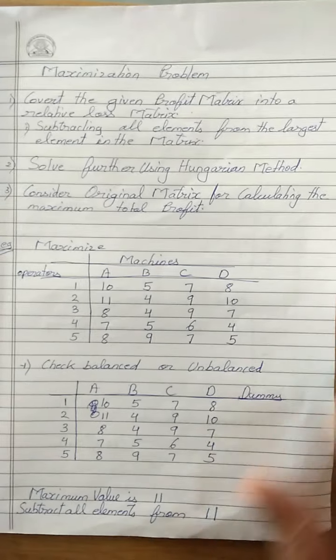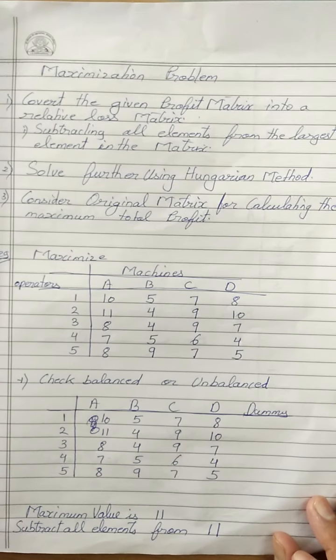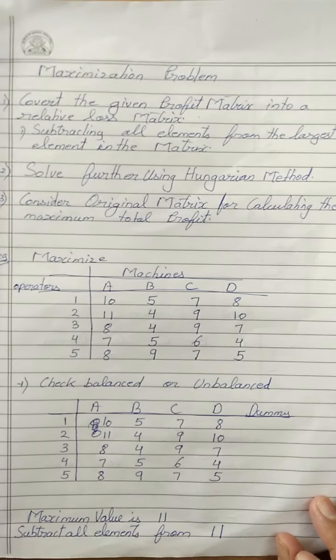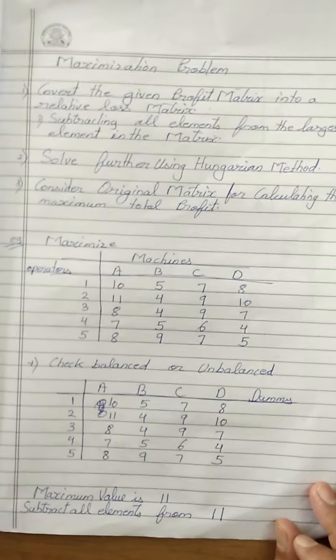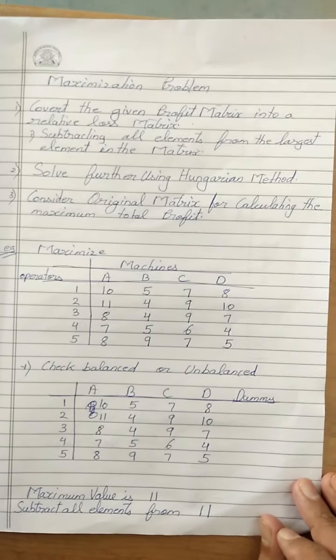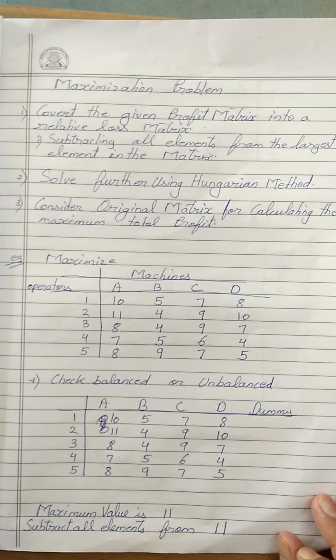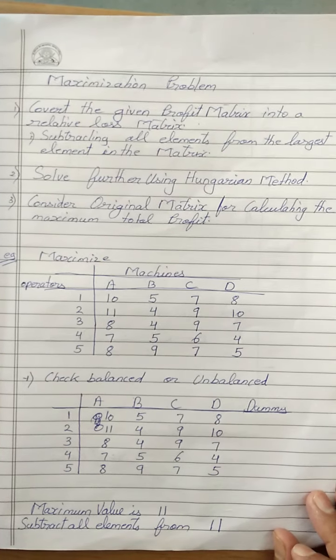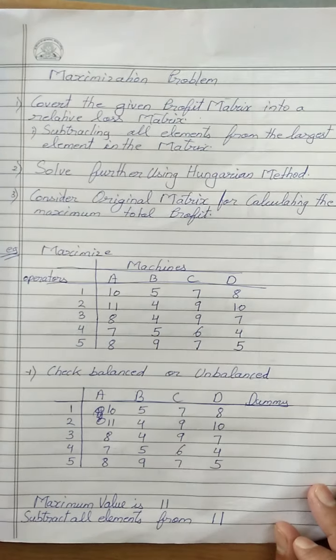Then we need to convert the profit matrix into a relative loss matrix. Now how to do this? In simple steps, we convert the maximization problem into a minimization problem. Check the maximum element from the overall matrix. If you observe the problem here, the maximum element is 11.